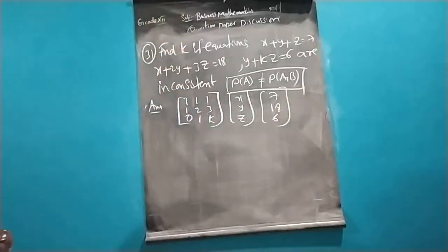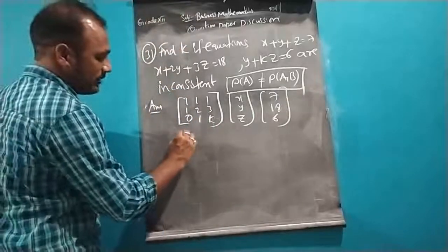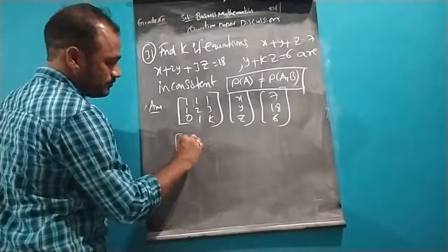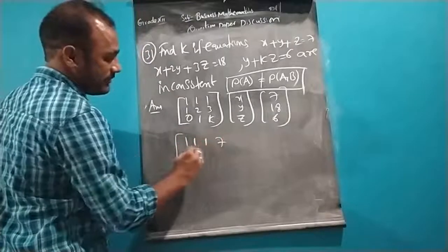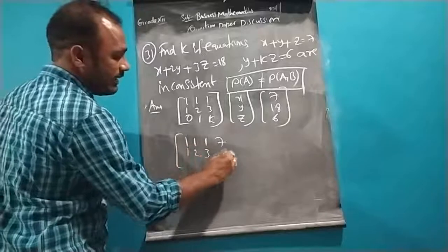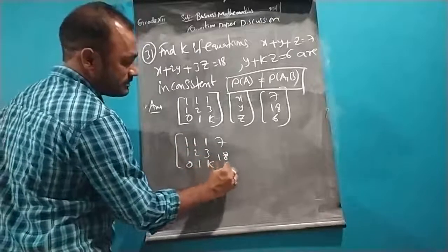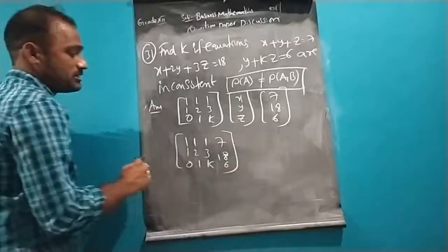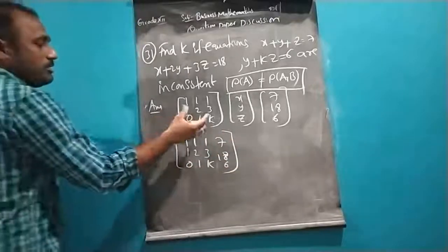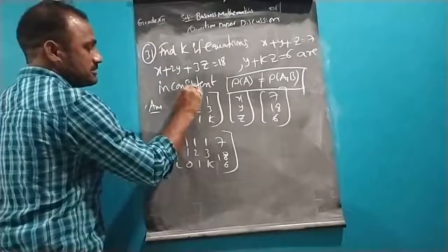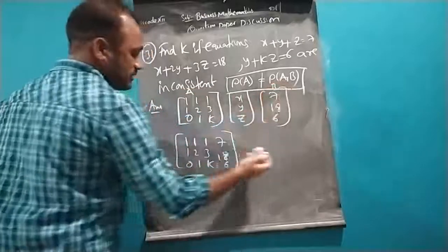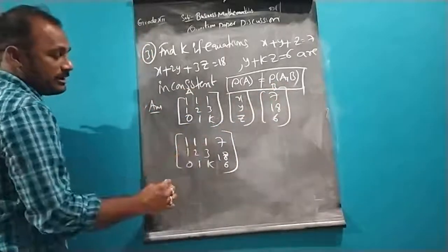Now if we want to write the augmented matrix here: 1 1 1 7, 1 2 3 18, 0 1 k 6. So this is the augmented matrix. The given A matrix, if we merge it with the constant matrix, we call it an augmented matrix.